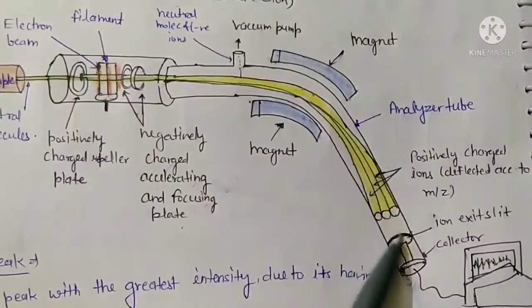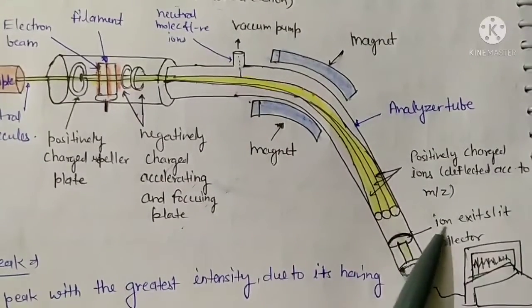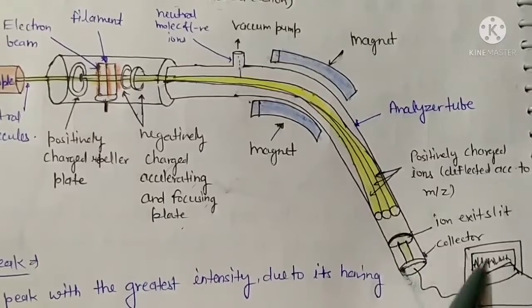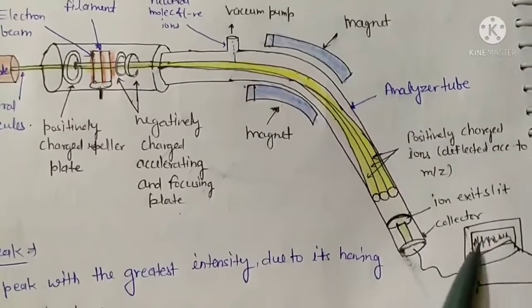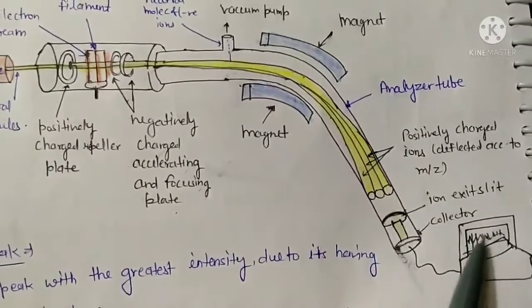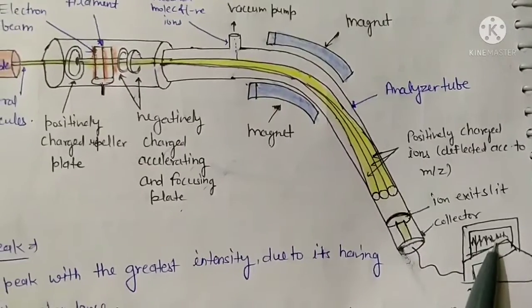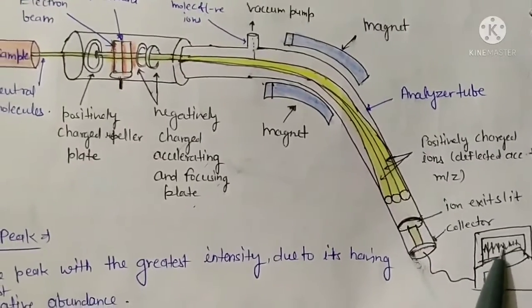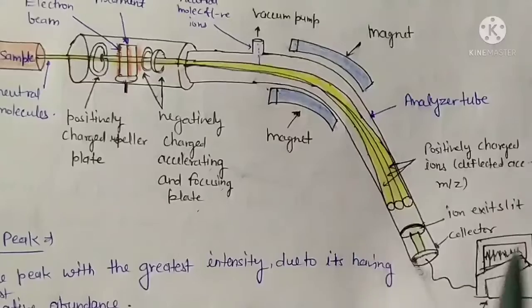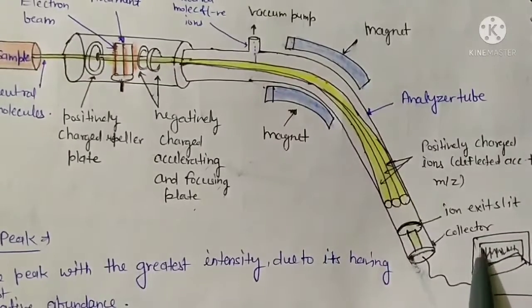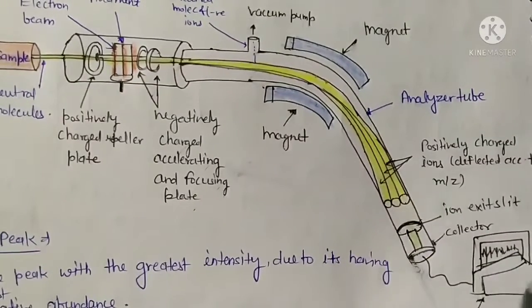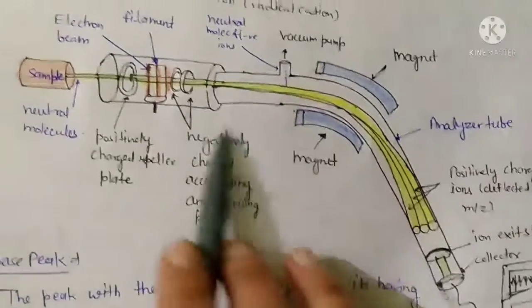Then the ions move through this ion exit slit and are collected by the recorder and detect our mass spectra. Now we can obtain our mass spectra through this technique.